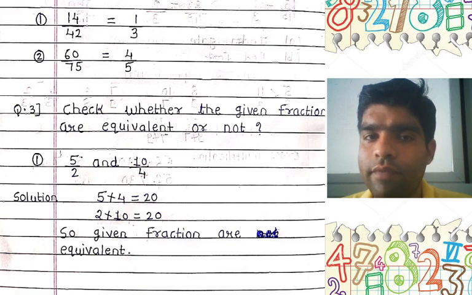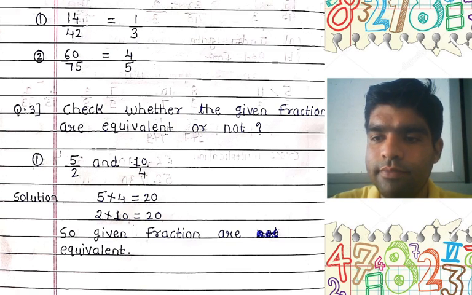Check whether the given fractions are equivalent or not: the best method is cross multiplication. If the cross products are equal, definitely the answer is that these are equivalent fractions. Okay, now let's start the next example.